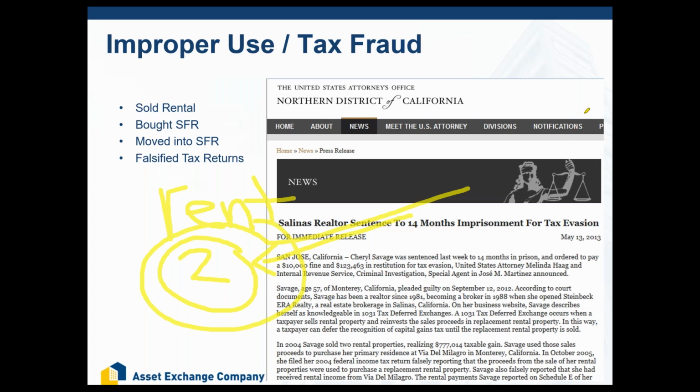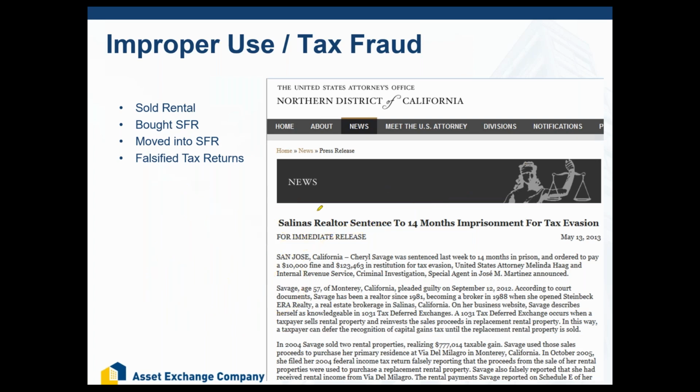All right? I don't care what your brother's uncle's best friend's friend told you, where he said, oh, you don't have to do it for 2 years. Okay, I've been doing this in California for 20 years, and the auditors in California want to see 2 years, especially if you are now living in the property.